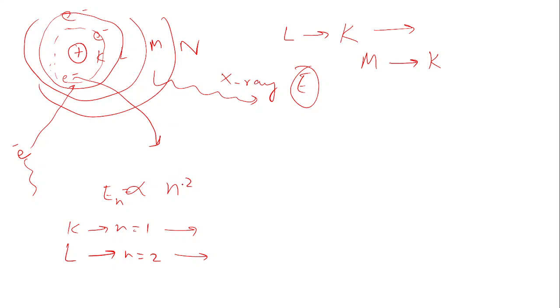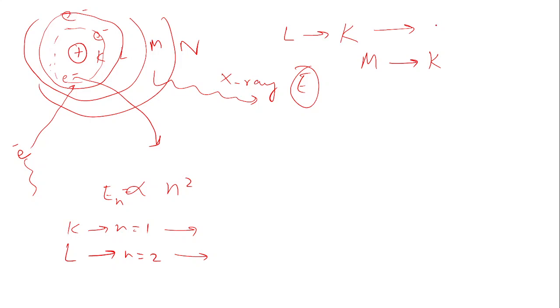I told you it's n square, so the energy gap is not linear here. The energy difference between K and L shell is different. The energy difference between L and M shell is more. It's not equal.